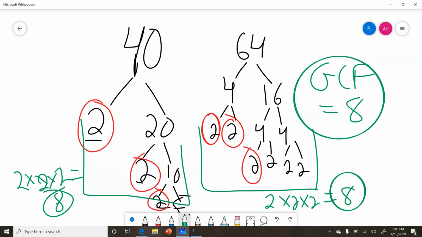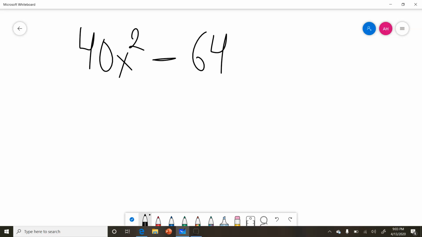So let's say we were looking at something like this right here. They gave me 40, right? That was our example: 40x squared minus 64x. Now, if I'm going to use the greatest common factor, the GCF of that, what went into this one?